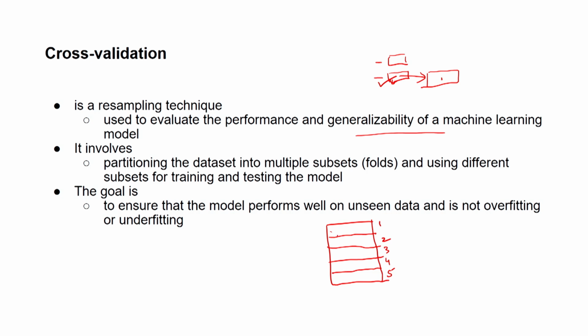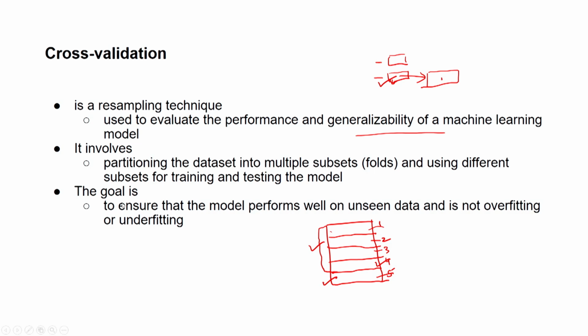At each iteration we will train the model with, suppose, these 4 folds, and we will test it with the remaining fold. Next time we will train the model with these folds, and we will use this as the testing fold. This is the idea of cross validation.